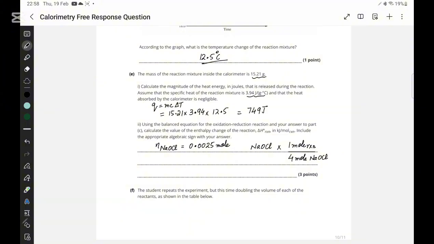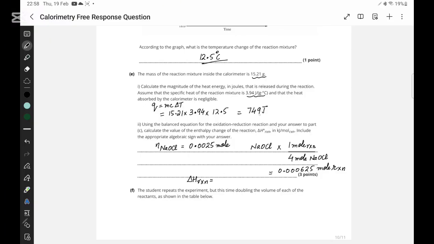So the moles of NaOCl are divided by 4, which gives 0.000625 mole of reaction.